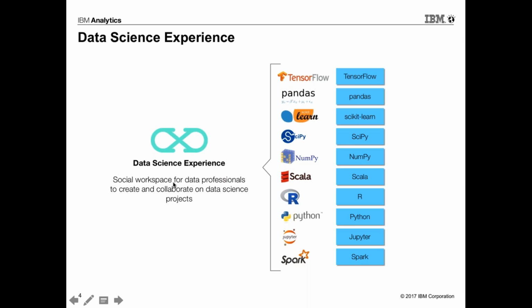What Data Science Experience does is it becomes a social workspace for all the data professionals. When I say data professionals, it would be all the developers and scientists. They could create and collaborate on their project. So basically, you can take the code from Scala and start writing code over there.